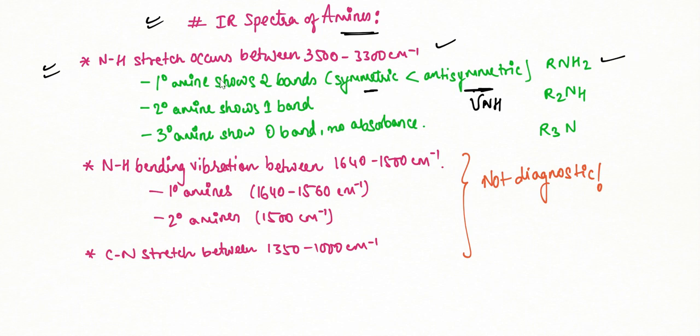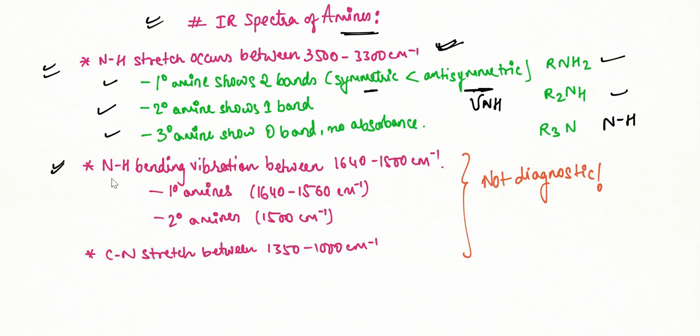So the 1 degree amine is going to show 2 bands, the 2 degree amine is going to show only 1 band because there is only one nitrogen-hydrogen bond, and the 3 degree amine is going to show no nitrogen-hydrogen stretching frequency. So there will not be any peak at this value, 3500 to 3300 centimeter inverse. Let's also consider the NH bending vibrations, and after that we are going to see some real spectra.